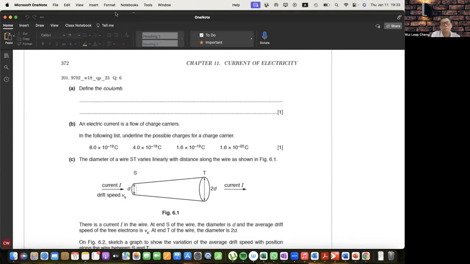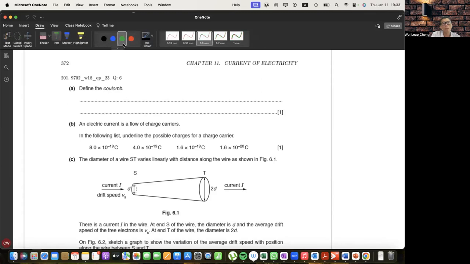Define column. 开始了没？还没有，上课还没有啊？Okay, let's see how to do this. Okay, let's see how to do the column things.